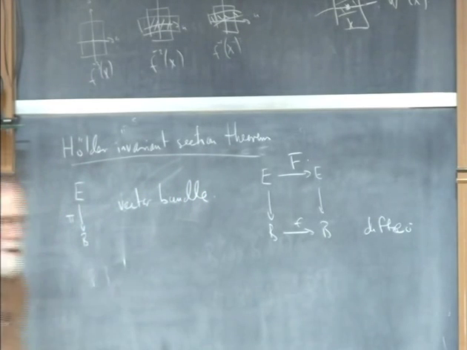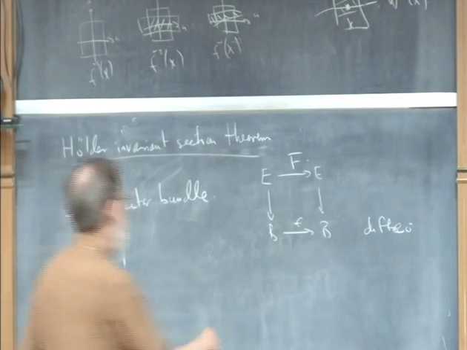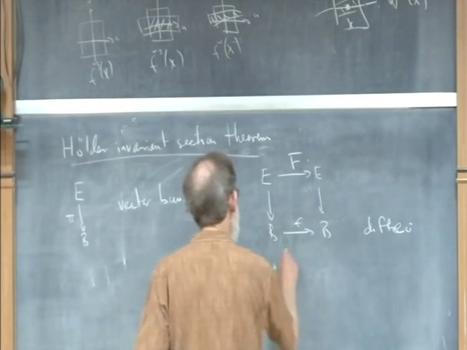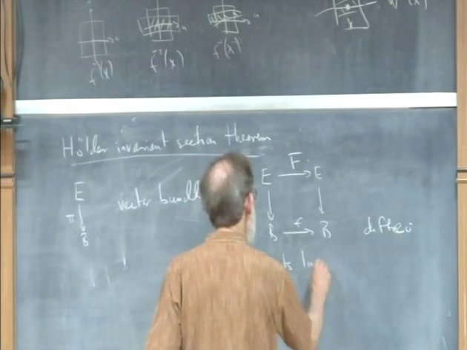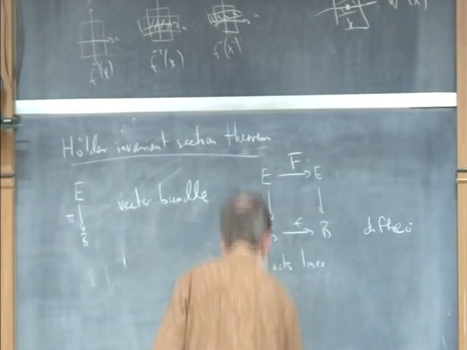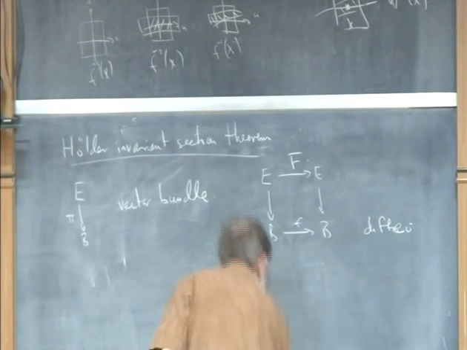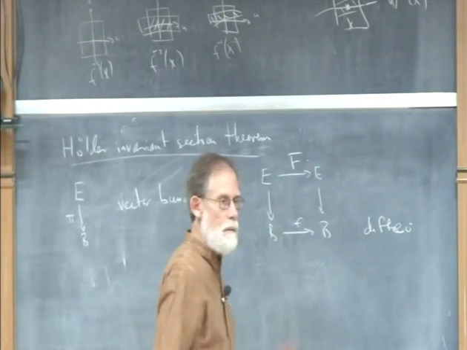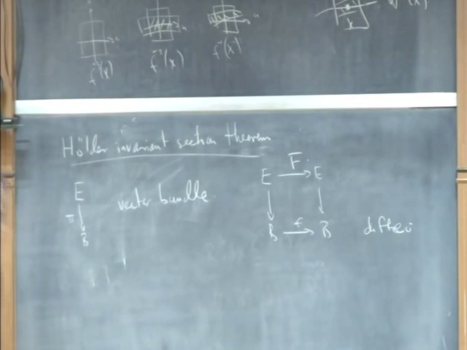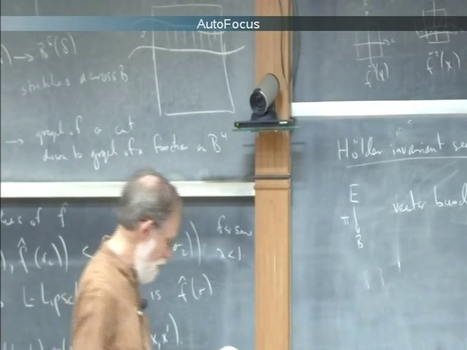And I want to have a bundle map that covers F. F acts linearly. No, it doesn't have to act linearly. It's just a map on these bundles, although in the applications that I'm interested in, F is linear on the fibers. But that's not going to be needed just yet.